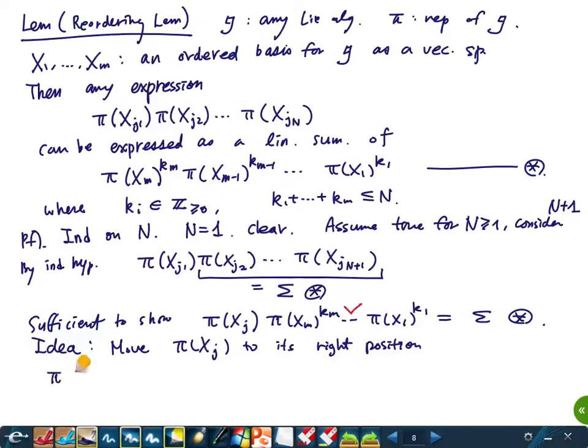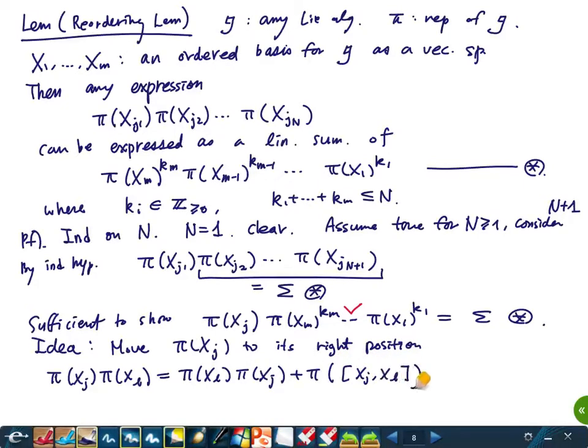We have this property: x_l, this is not equal to this, but it is equal to something else plus a term. We know this because pi is a representation.